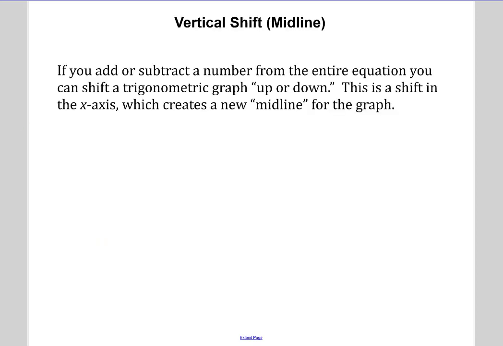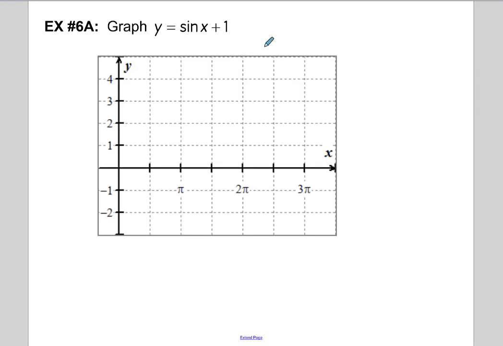And then we can also move that midline, that vertical shift. That's going to be the letter D. If you add or subtract a number to the entire equation, you can shift a trig graph up or down. And this is a shift in the x-axis, and it creates a new midline for your graph. So here in this case, you see we added 1.